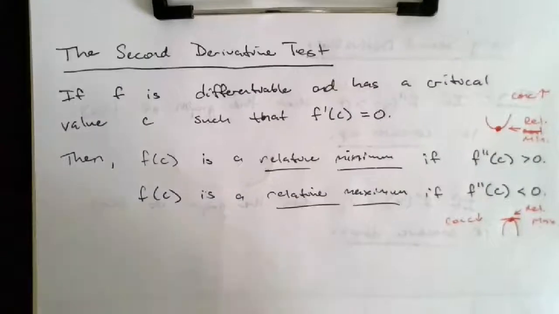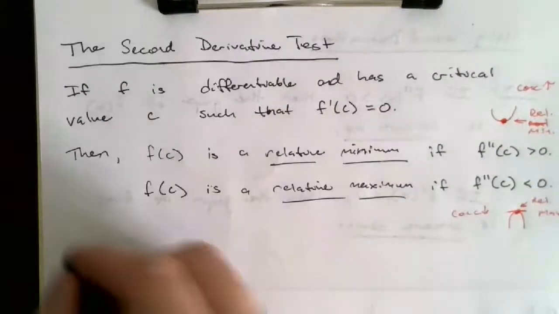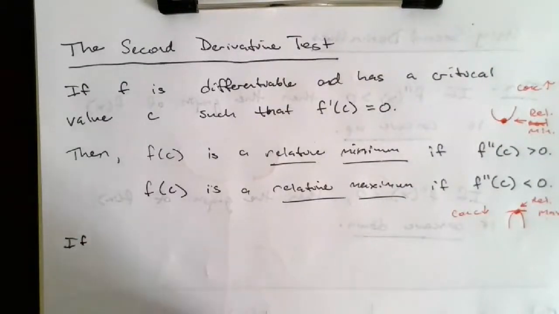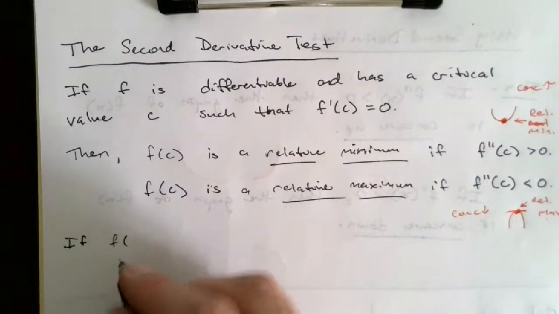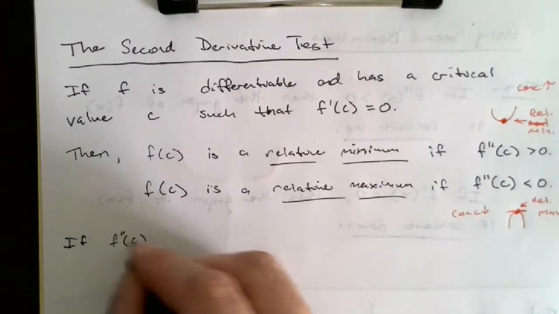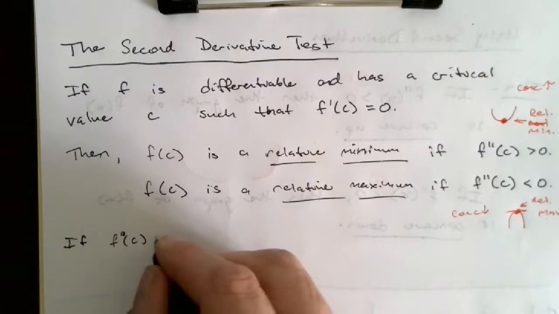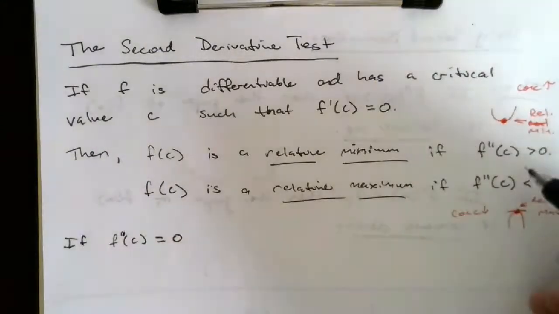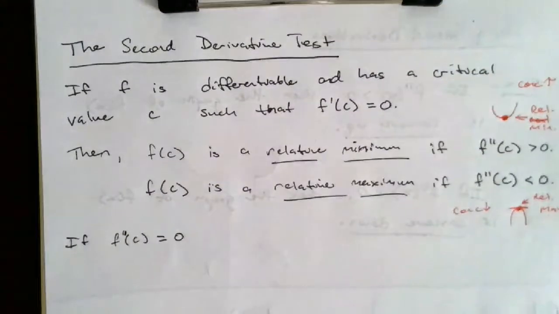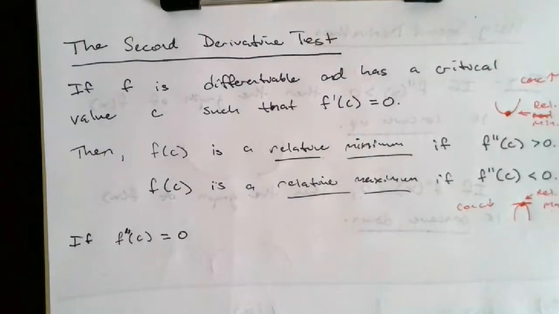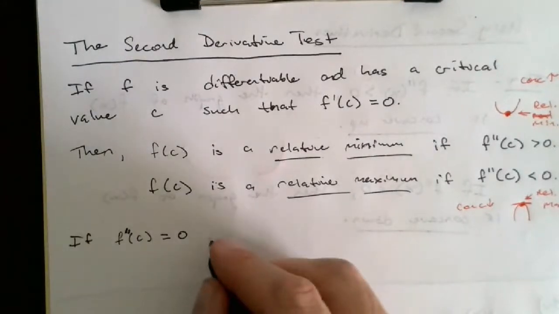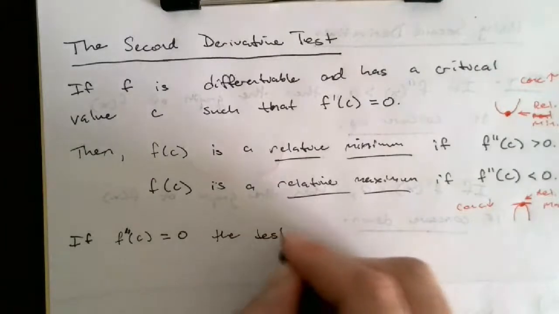And there's one scenario I haven't talked about here, and that's if f double prime of c equals 0. So we have the second derivative greater than 0, we have the second derivative less than 0, and we get information there about being a relative max or relative min. But if the second derivative equals 0, then the test is inconclusive.